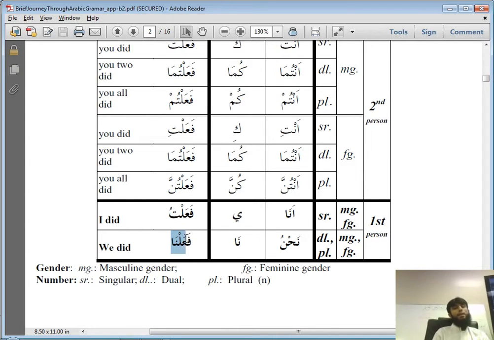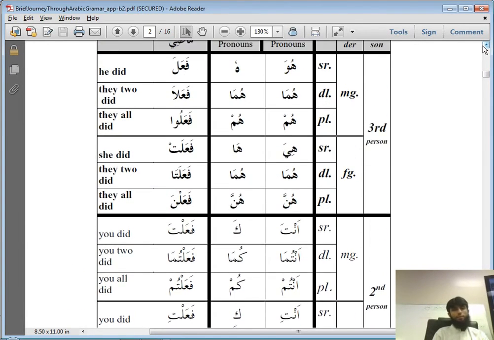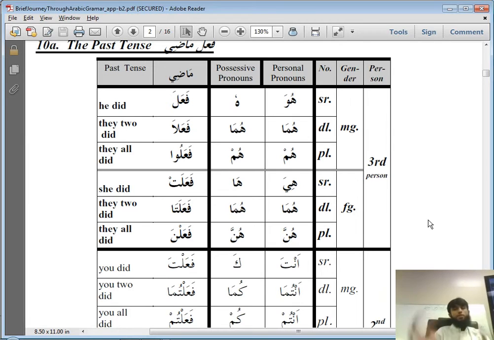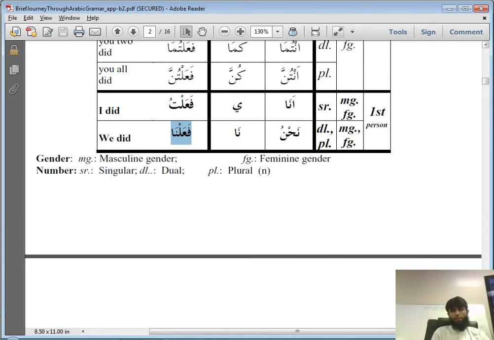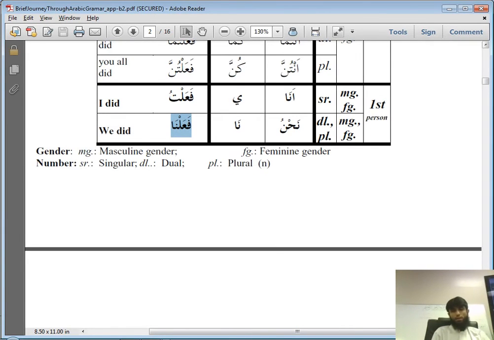And فعلنا is we did some action. خلقنا, we created. رزقنا, we provided, and so on and so forth. So this is how in general things look, and this is what we have been seeing in various translations as well. And then there are some other rules that inshallah we'll cover as we go along.